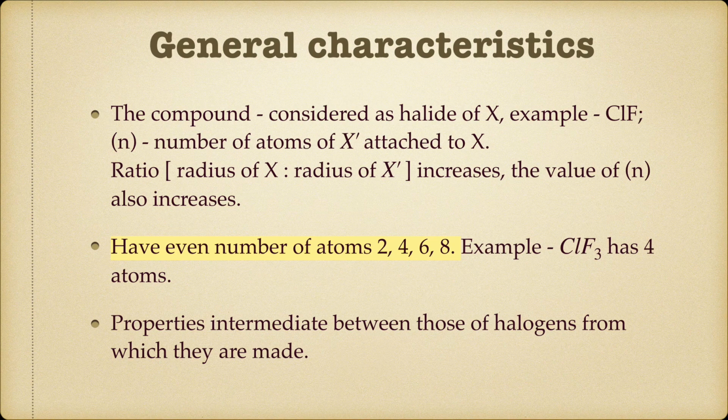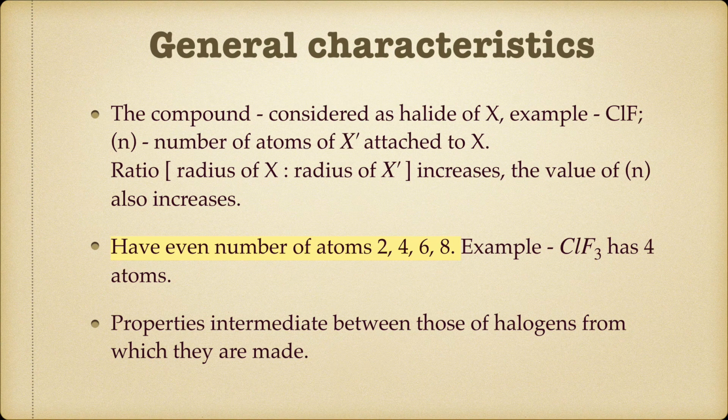It says that the properties are intermediate between those of the halogens from which they are made. So if the interhalogen compound is made of chlorine and fluorine, the properties will lie between the properties of chlorine and the properties of fluorine.